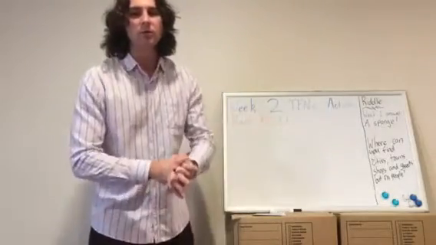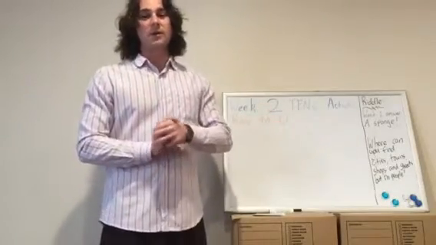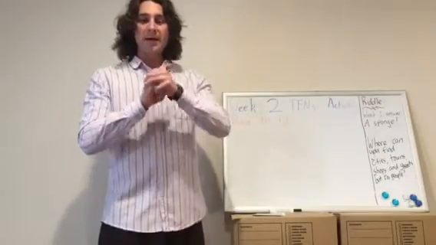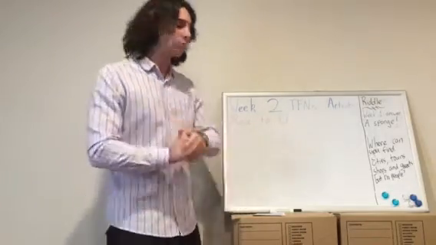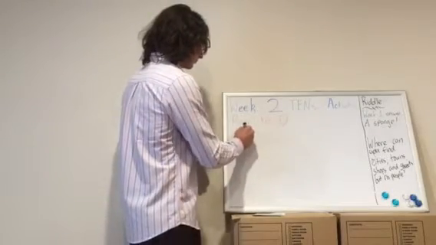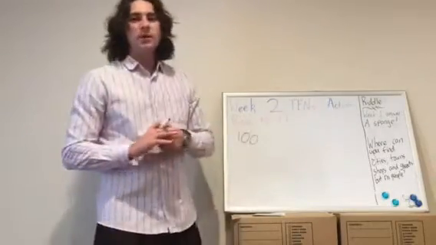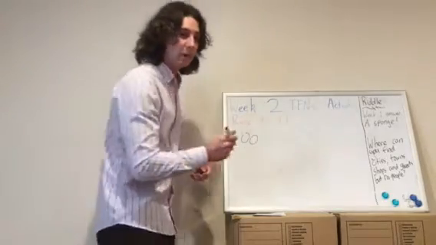Race to 0 starts off the same as race to 100, although this time, for Monday and Tuesday at least, I would like you to start from 100. Since we are working with subtraction this week, I need to put my minus sign.